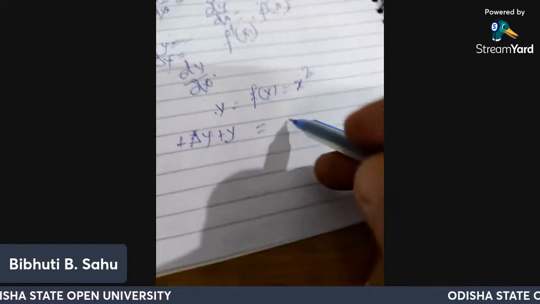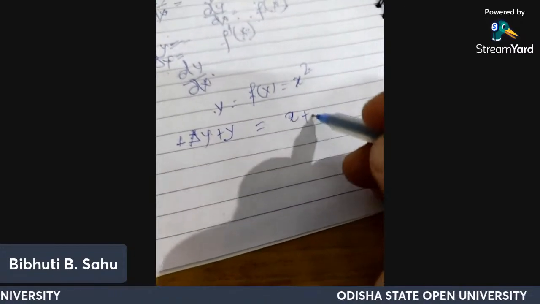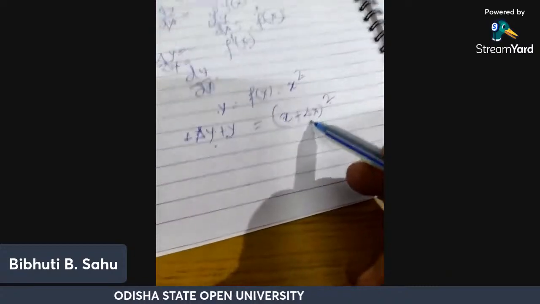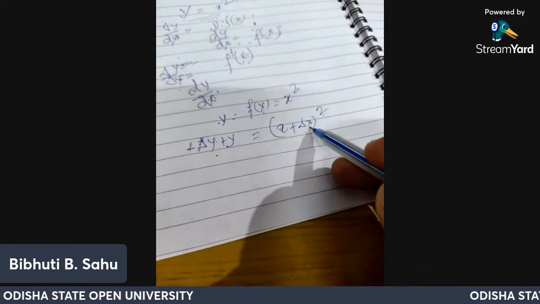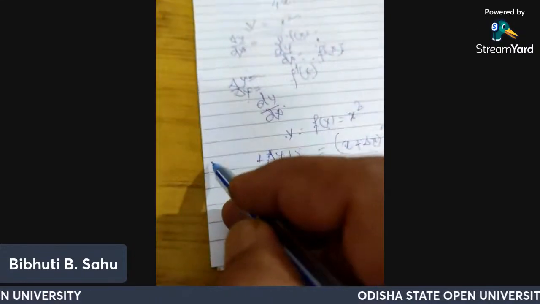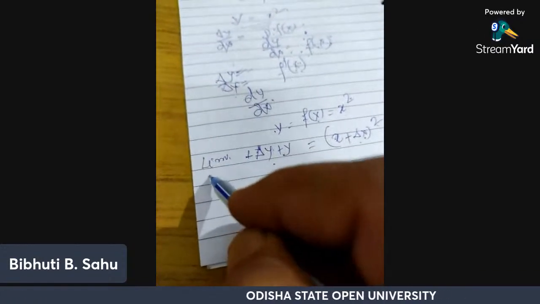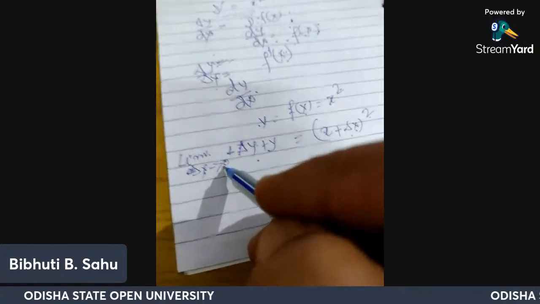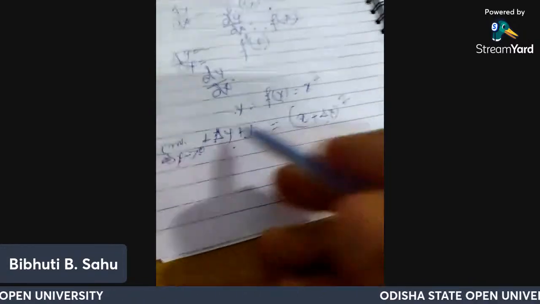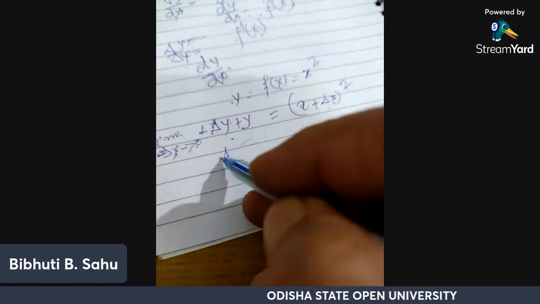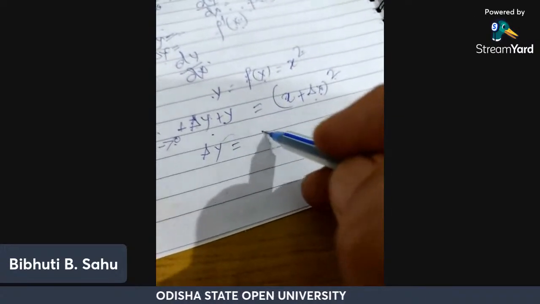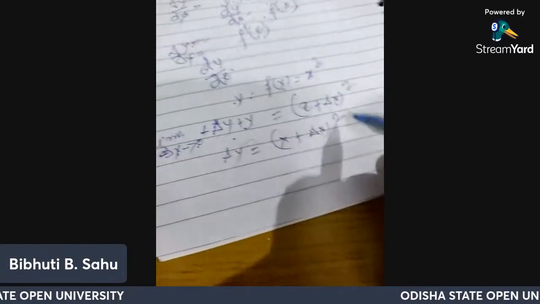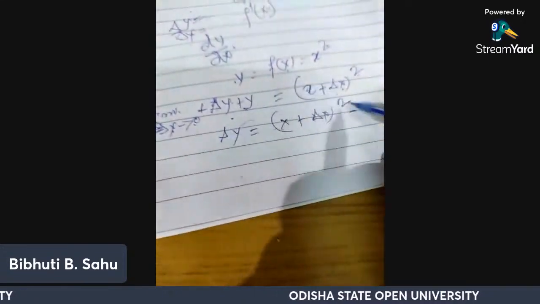When x changes to x plus delta x, where delta x tends to 0, delta y will be equal to (x plus delta x) whole square minus y.